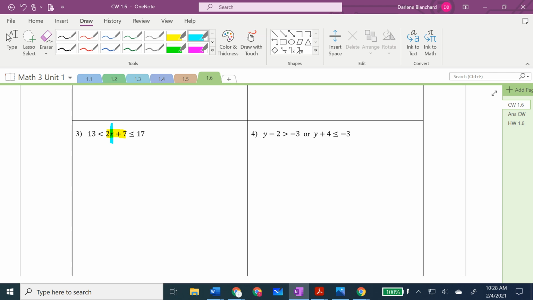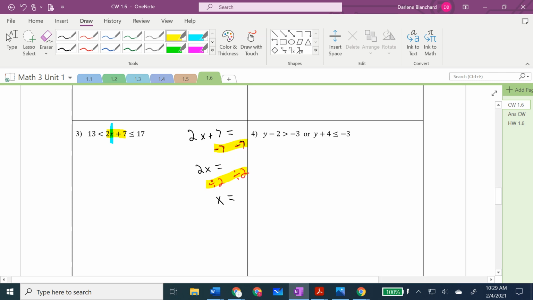If that variable is in the middle section, then what you can do is think, if I saw that on one side of an equation, what would be my steps to isolating the x? I would first subtract 7 to both sides, and then I would divide by 2. And then my x would be isolated.